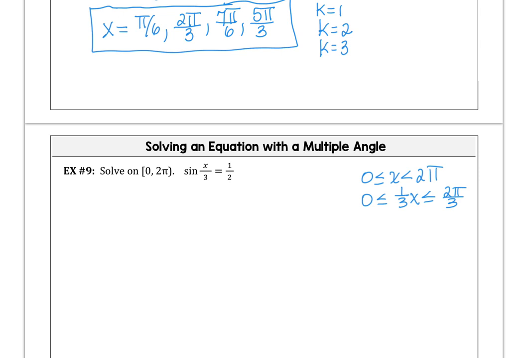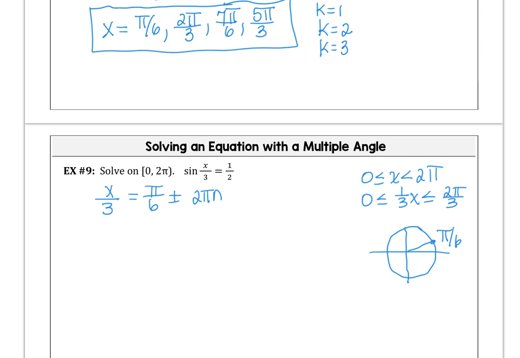Now, where does the angle equal a half? Sine is a half. That's the y value. When we go up here to pi over 6, sine is a half. So we have a third of that angle is equal to pi over 6, and that's going to happen again every 2 pi radians.